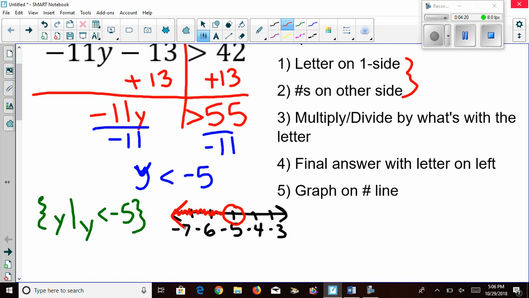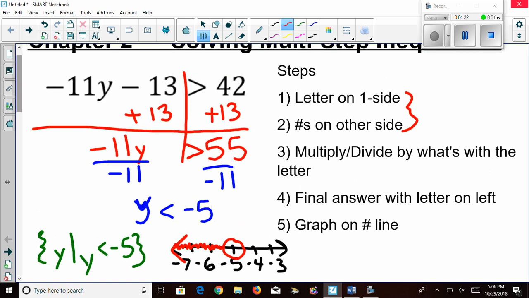So this right here is a full example. This is pulling from our knowledge of solving two-step equations, and we are just adding to it the things we must remember about inequalities. Let's go ahead and look at a few more examples.